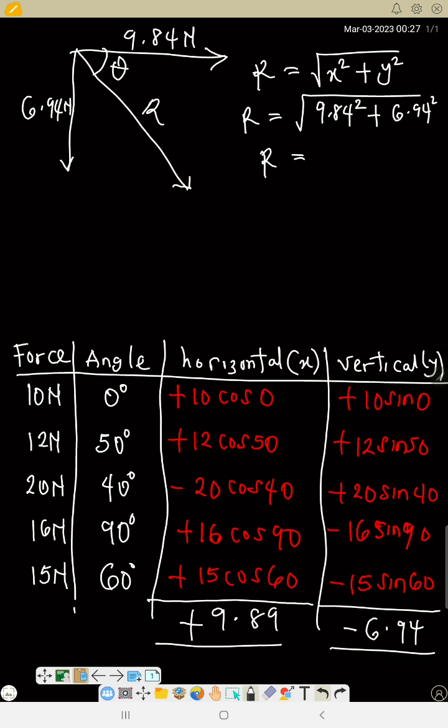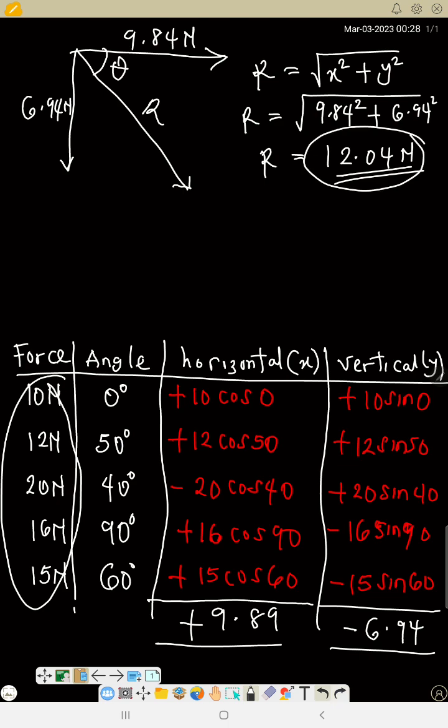If you press it on the calculator, 9.84 squared plus 6.94 squared, everything is 12.04 Newton. That is the resultant. That means of all the five forces, this is their resultant. This single resultant can do the work those five forces can do. The work all these forces can do, this one can do the same thing. So that is their resultant.